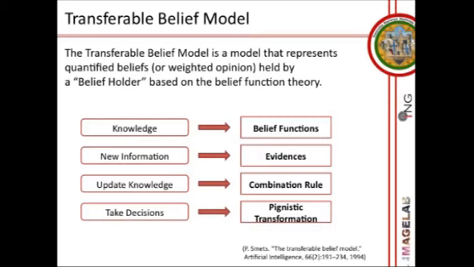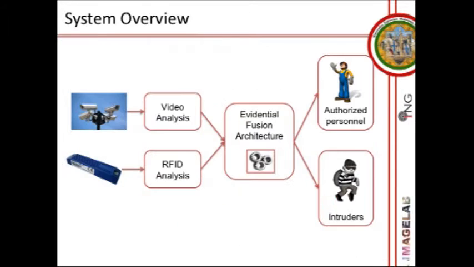It models the knowledge of the belief holder as a belief function. New information can be modeled as evidences, and the knowledge is updated through combination rules, and when it's time to take a decision, the pignistic transformation allows us to take decisions.